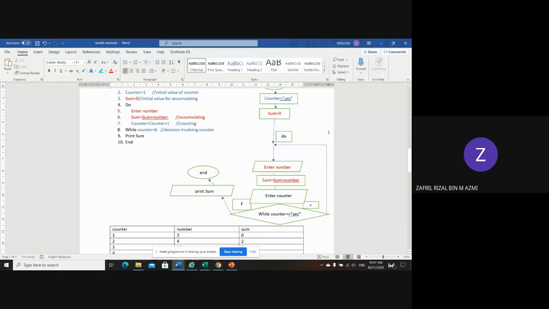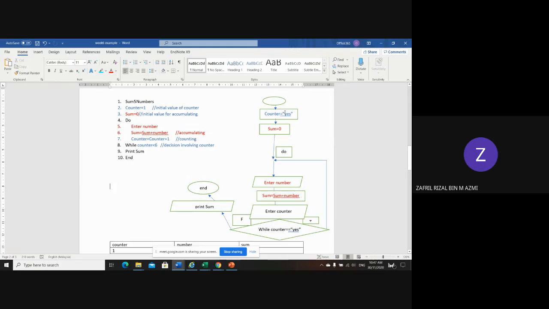Or you cannot use this for do while? Correct or not? Right? It's correct, right? Okay, this is still correct. In this case, it is correct.